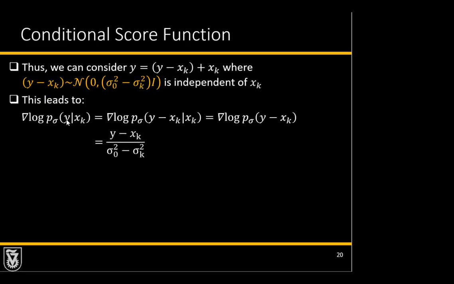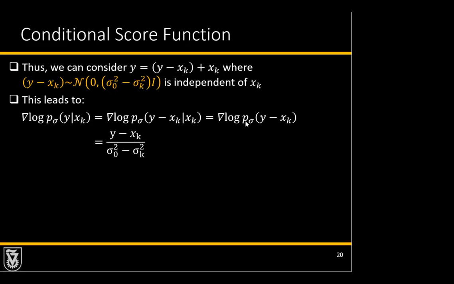So if we look at the term that we were trying to derive, the gradient log of P of y given x_k, x_k here is a known quantity, so we can subtract it. And we get this difference, which we just said is independent of x_k. So we can remove this dependence on x_k, it does not matter. And we get the gradient log of this probability distribution, which is a very well-known distribution. It's the Gaussian distribution with this variance.